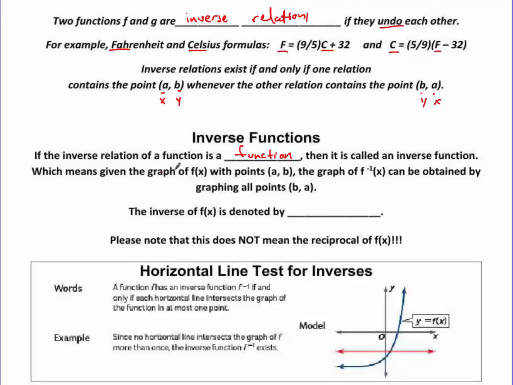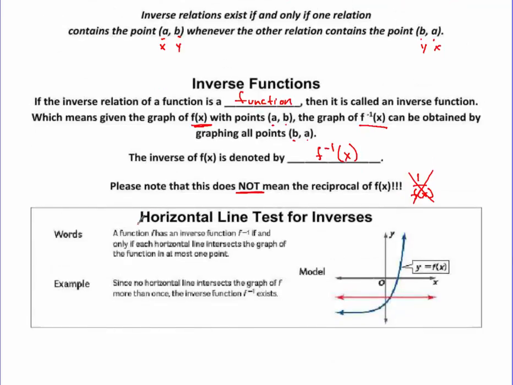And what that means is that if we know f of x and we know all the points, then we can graph the inverse function, by graphing all those points that we knew, but just switching the letters. So instead of x and y, we graph y and x. And the inverse is denoted by f minus 1 of x. But note that does not mean reciprocal, so don't think that's what that -1 means.